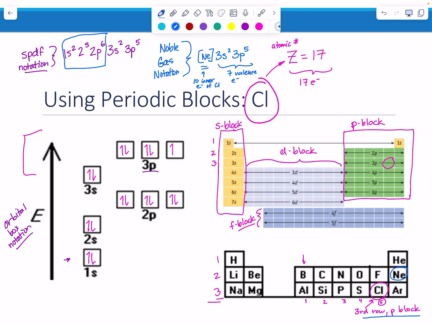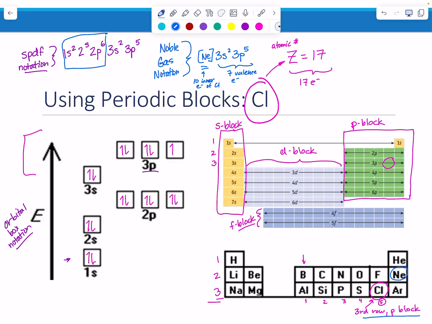So for the S and P block elements, you can double check yourself when figuring out valence electrons by just looking at the group number. Again, shorthand from the periodic table is that column number tells you the number of valence electrons. So that's for the A groups. When we get to the D block, we'll talk about the B groups.